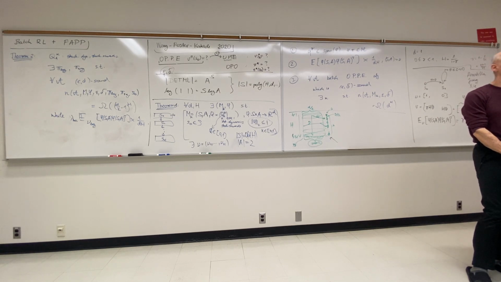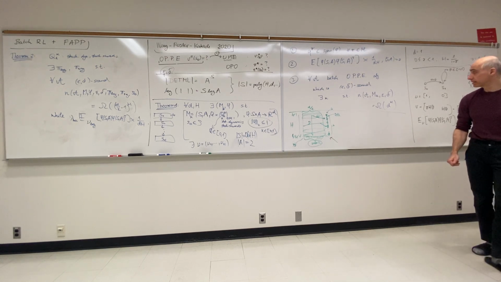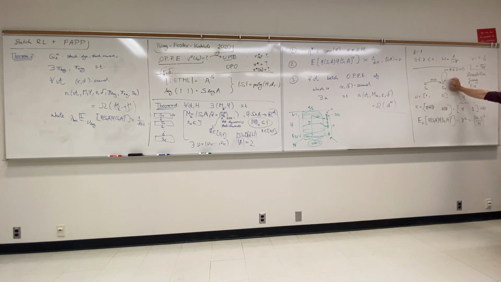Yeah, except for 1. If there is only 1 action, so here there's only 1 action, so maybe that's not a stupid question to ask. Maybe the hardness result is still there for the finite horizon case. Is it? Maybe it is there. With that construction, it's not.